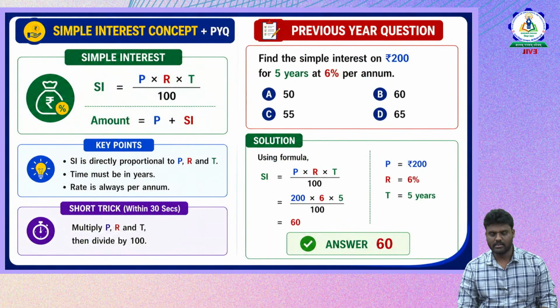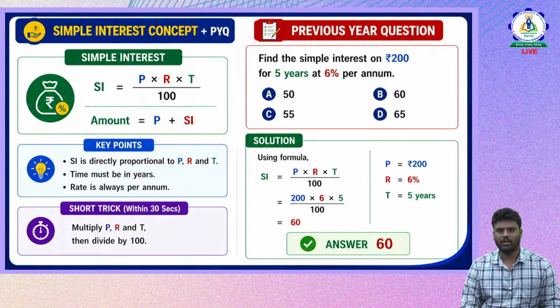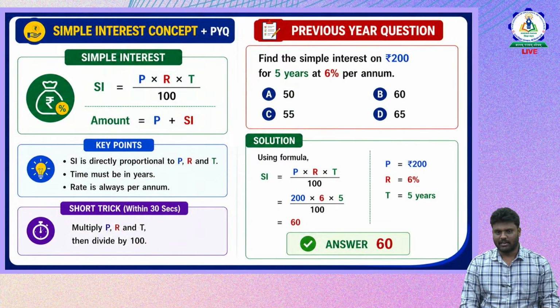Now coming to the next question: find the simple interest on 200 rupees for 5 years at the rate of 6% per annum. Option A is 50, option B is 60, option C is 55, option D is 65. What they're asking is to find the simple interest.